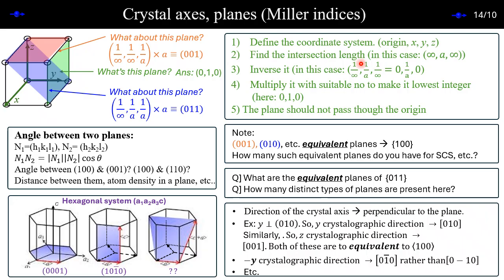You define your coordinate system. You have the origin. You have x, y, and z. That's why the unit lattice is important. For a simple cubic it is simple. If it is FCC or BCC, take the XYZ coordinates, which are 90°.